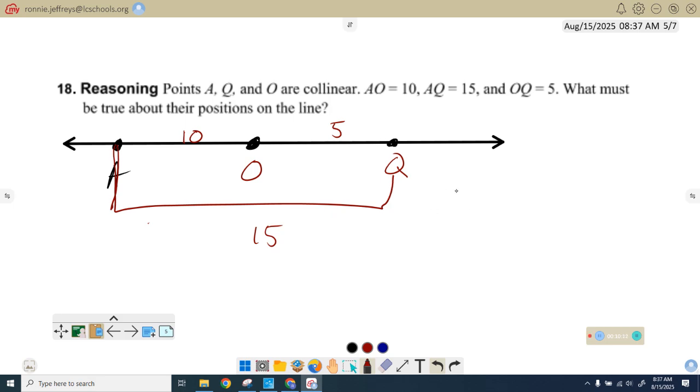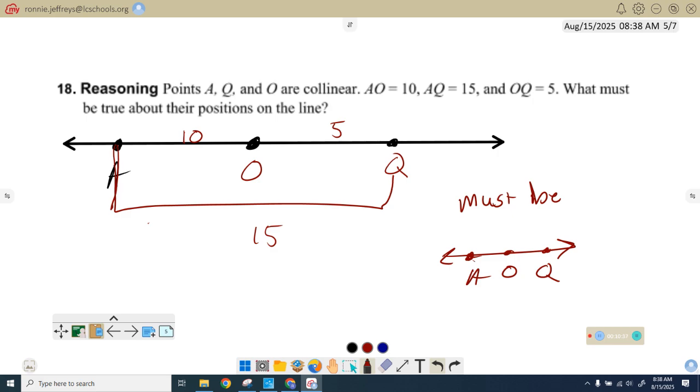What must be true about the position on the line? I would say it must be this. A, O, Q.